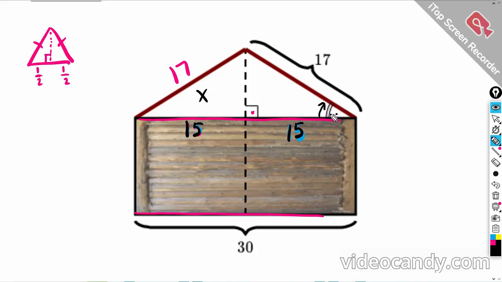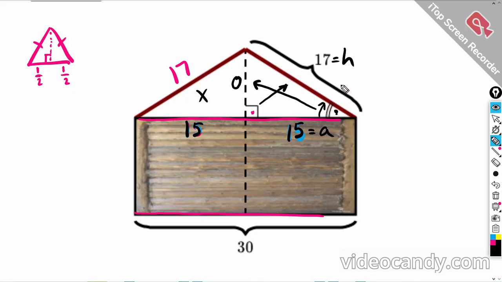If we label the sides relative to this angle, recall, if you go across from the angle, that side length is your opposite. If you go across from the right angle, that side length is your hypotenuse. And finally, the remaining side is going to be your adjacent. Like I said, we're ignoring this triangle. We're just using this triangle on the right.